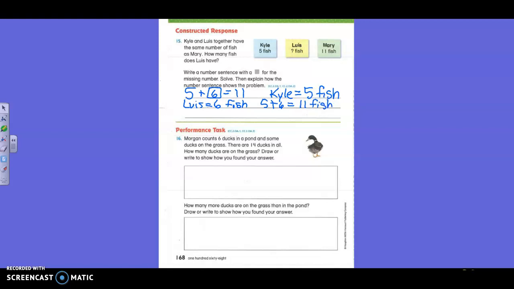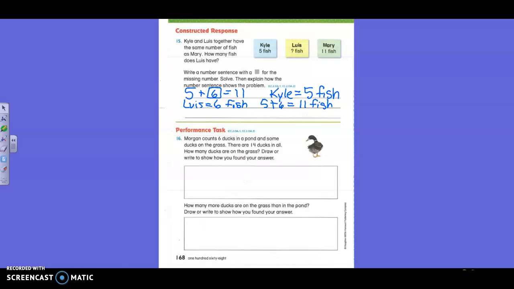I'm not really writing words, I'm writing just number sentences, because to me that explains it. And then we write a period. Okay. Are we done? Yes.